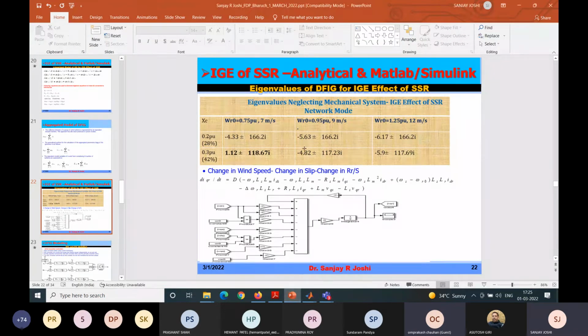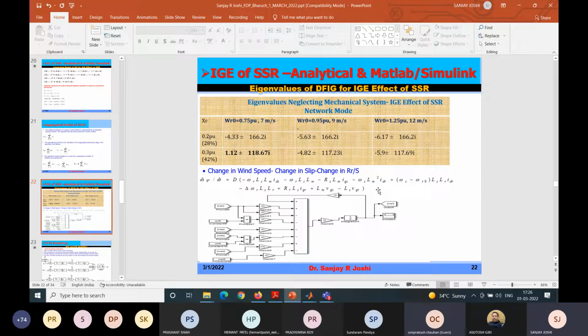Now the question is why this network mode has become stable? Slip has reduced, right? Wind speed is increased from 7 meter per second to 9 meter per second, or from 0.75 pu to 0.95 pu. So the value of RR by S has reduced.